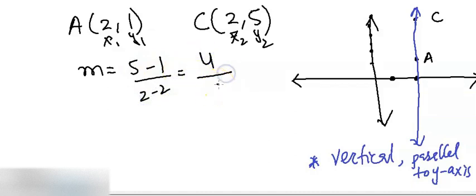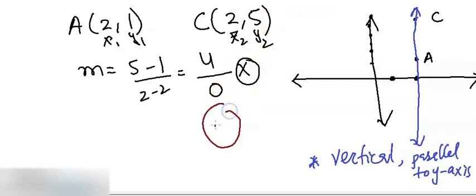It turns out that it's 4 over 0. Since we are in real numbers, we are not allowed to divide by 0. Therefore, if the line is vertical, then the slope is not defined. We don't define this kind of thing, so slope is undefined. Slope is not defined for this case, so it's fine. Okay, so let's move ahead.